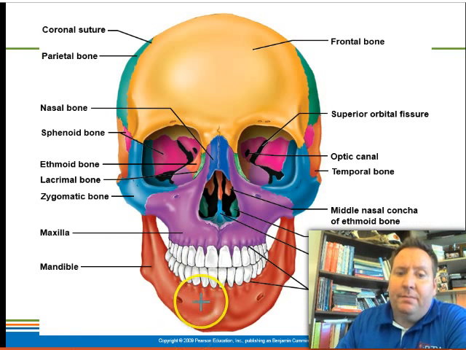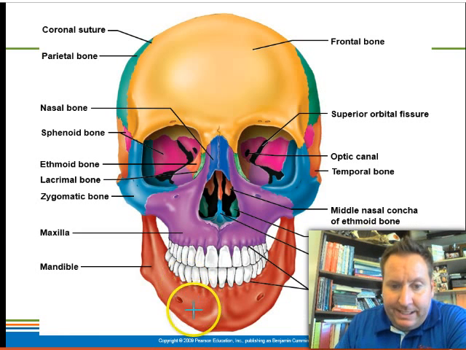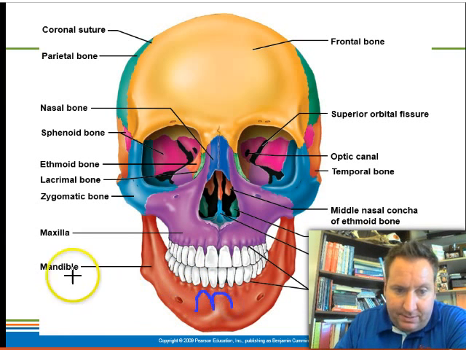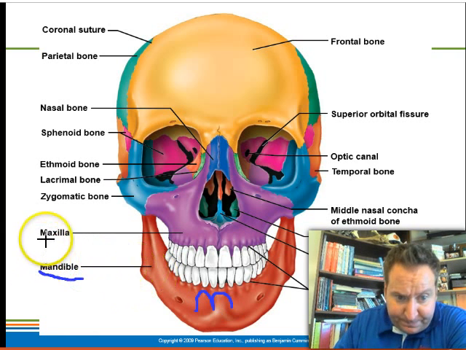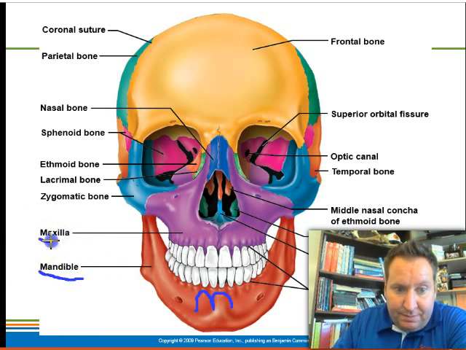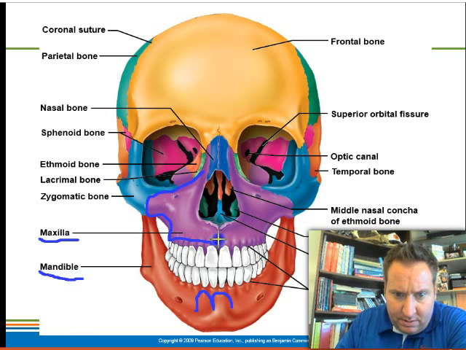So we're going to take a look at bones of the face now. And this is the only movable bone of your whole entire face. I'm marking it with an M. It's called the mandible. You have one mandible. Your maxilla bone, or maxillary bone, is this bone right here in purple that's coming across right here. It's forming the upper portion of your mouth itself.